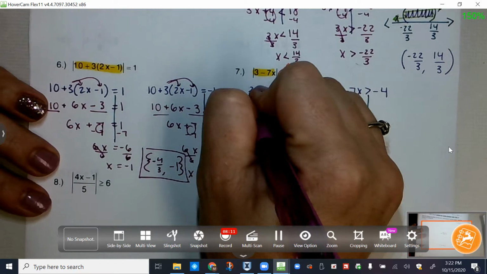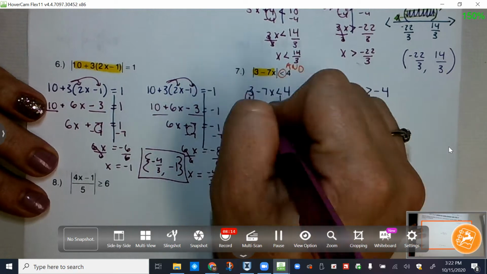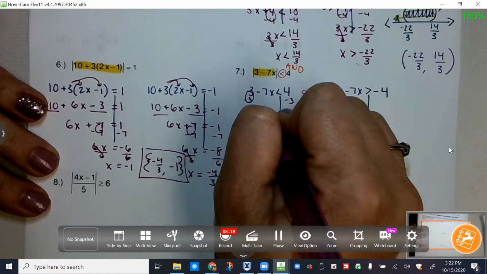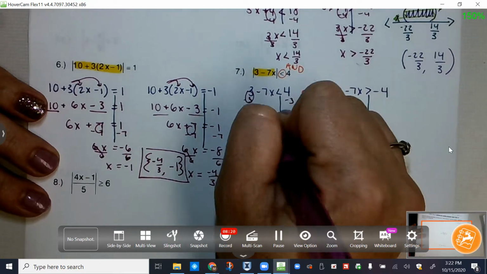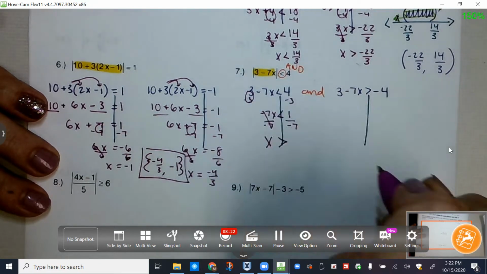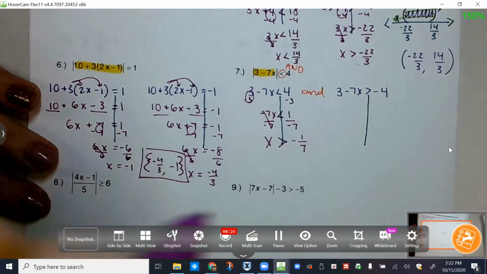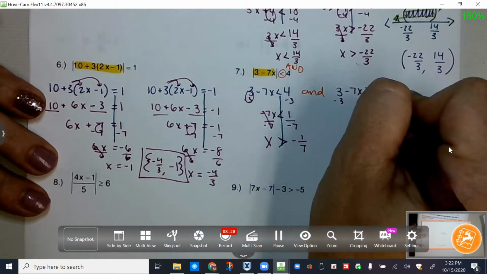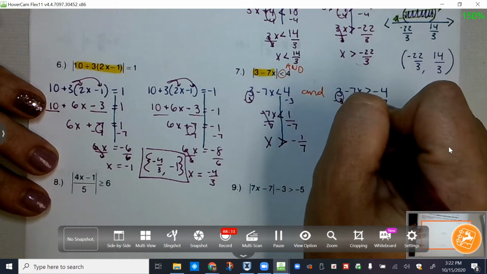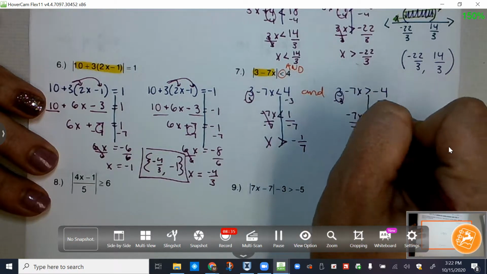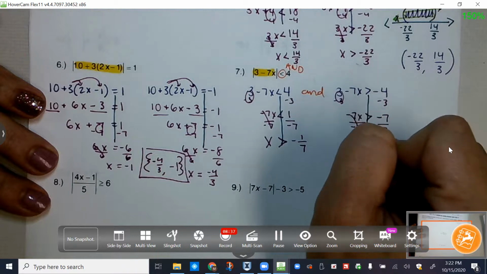So I'm going to subtract 3, and I get negative 7x is less than 1. Divide by negative 7, divide by negative 7. Well, when we divide by a negative, we flip our symbol. So that gives me negative 1 over 7. So minus 3, negative 7x is greater than negative 7. Divide by negative 7, divide by negative 7. We divided by a negative, so we're going to flip our symbol.